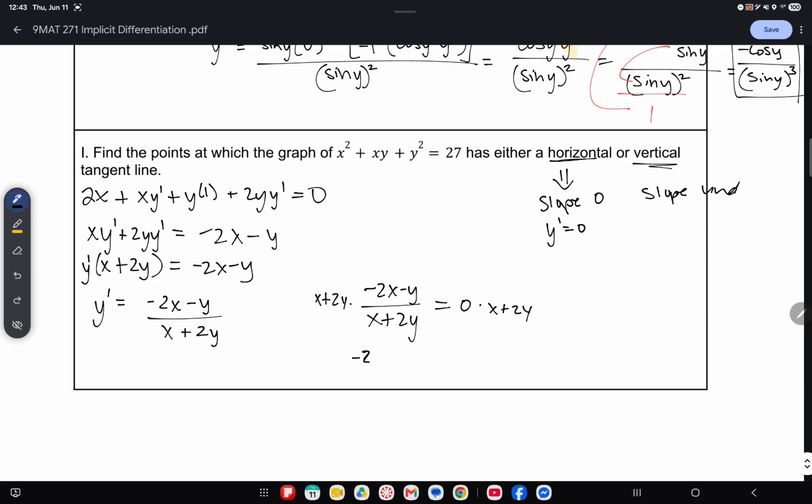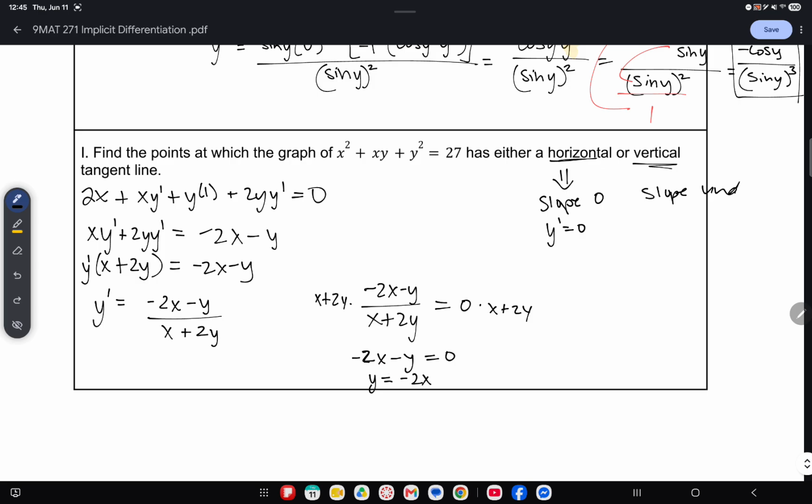So I just need that numerator set equal to 0. Then I have two variables here. Find the points at which the graph has either a horizontal or vertical tangent line. So I could add y to both sides, and I will have horizontal tangent lines when y equals negative 2x.